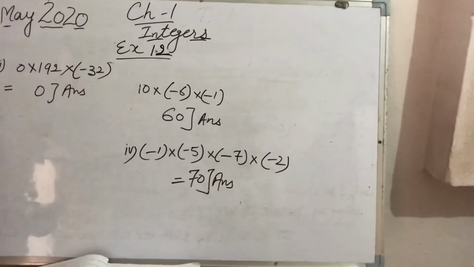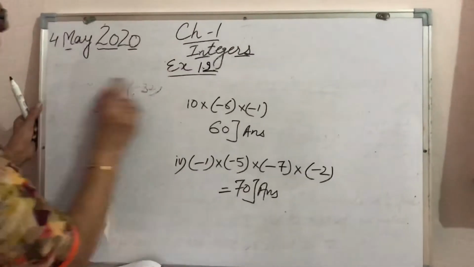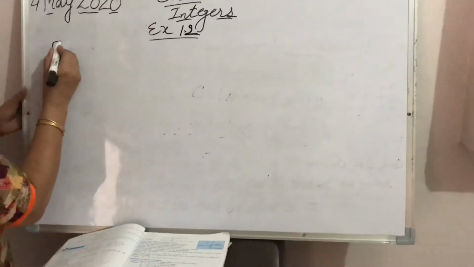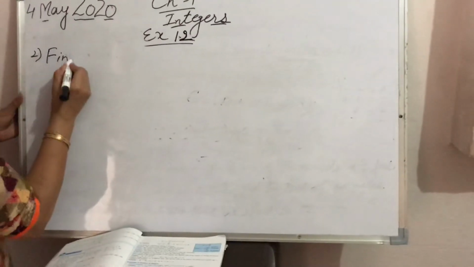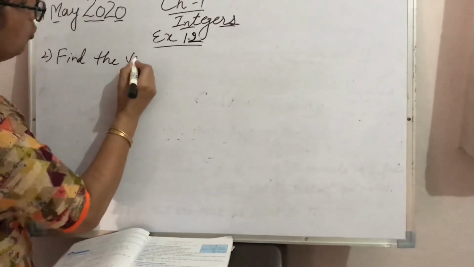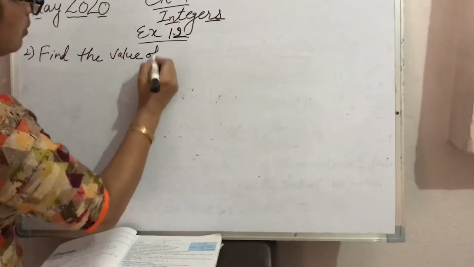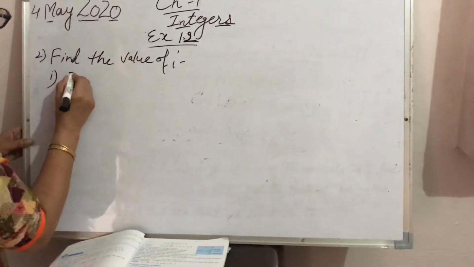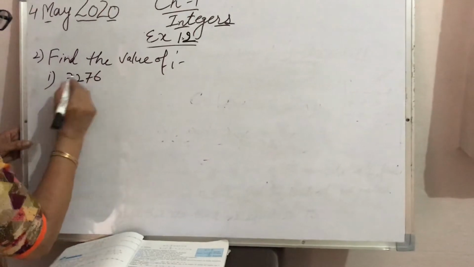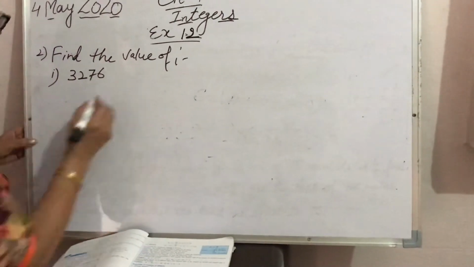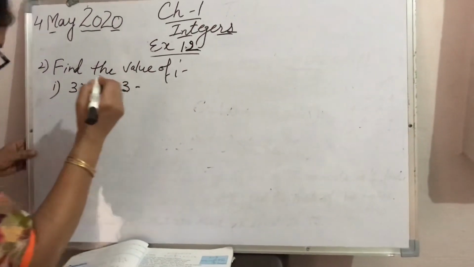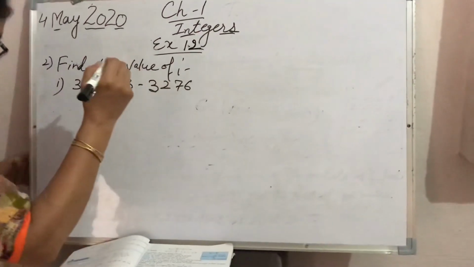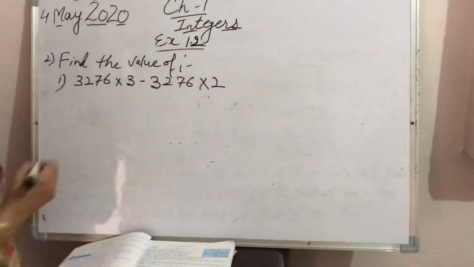Then question number 2, find the value of the first part, 3276 multiplied by 3 minus 3276 multiplied by 2.